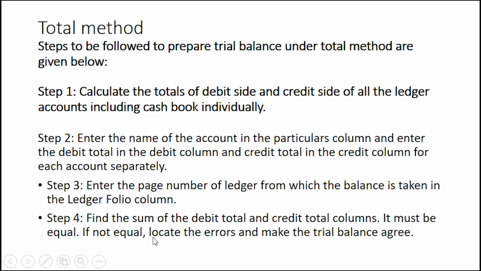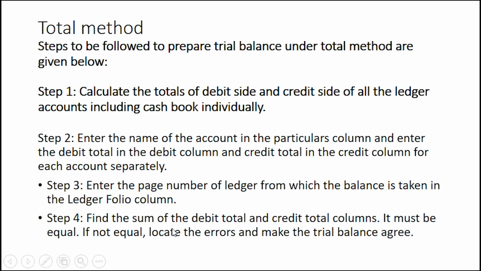We have totals method also. I told you it is not much in use, but how do we prepare it? Let's take a look at this. Calculate the total of debit side and credit side of all ledger accounts including cash book. Enter the name of the account in the particulars column and enter the debit total in the debit column, credit total in the credit column.